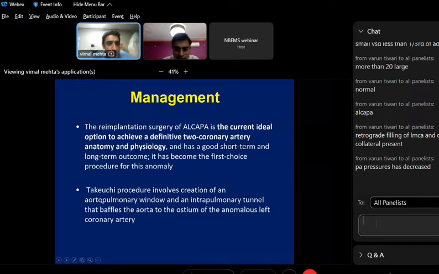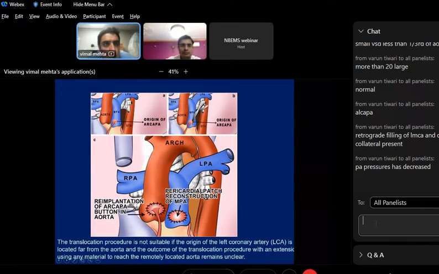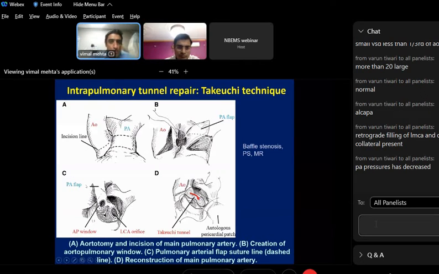So there is a procedure called the Takeuchi procedure, which involves making a tunnel sort of thing from the pulmonary artery to the aorta. And connecting that through the tunnel, it's shown over here. It's a surgical procedure. You open the pulmonary artery, make a tunnel, and do not remove the coronary artery from here.